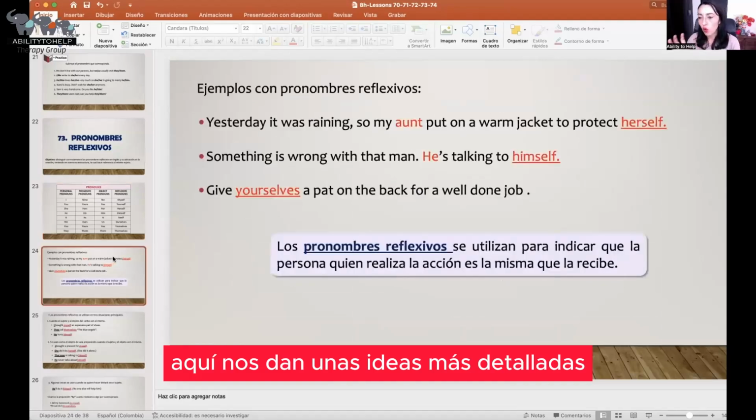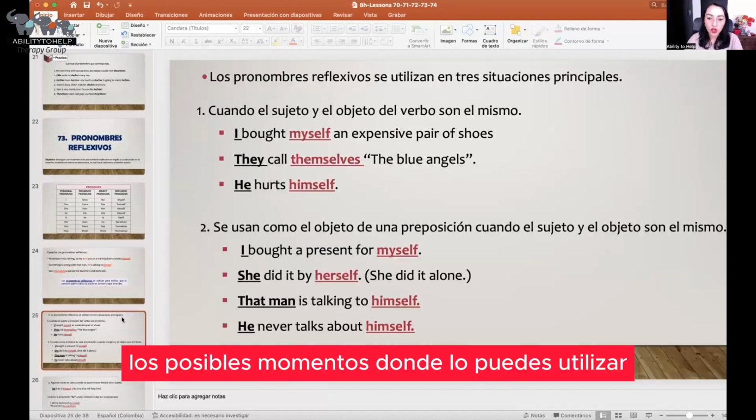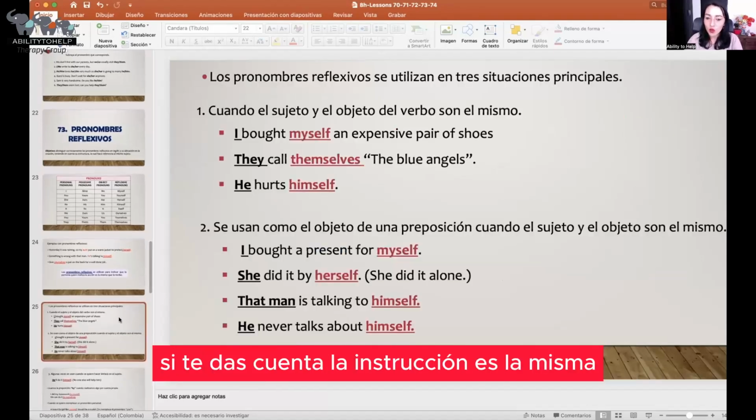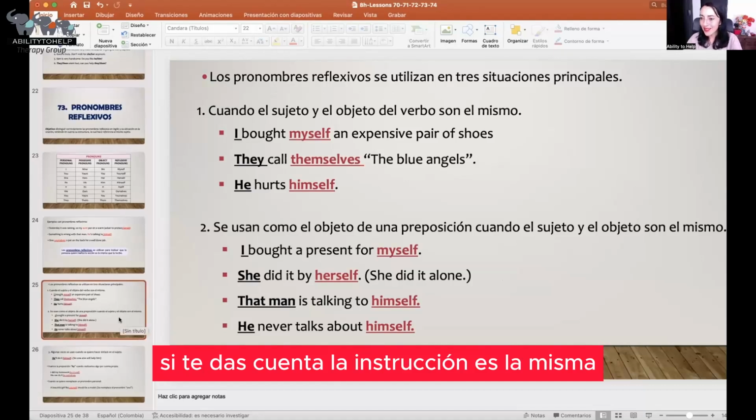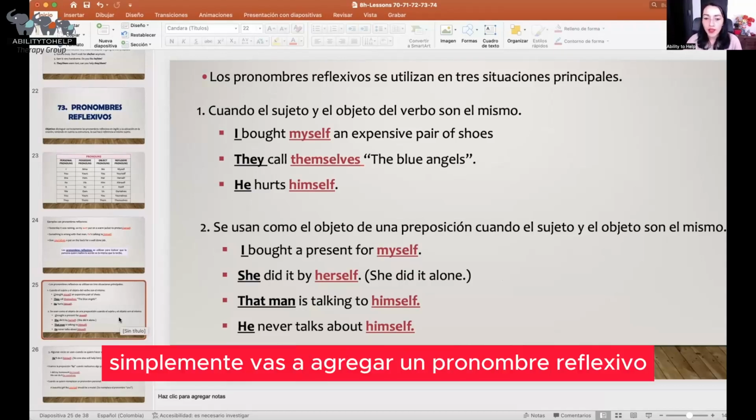Aquí nos dan unas ideas más detalladas hablando sobre los posibles momentos donde lo puedes utilizar. Si te das cuenta, la instrucción es la misma. Si el sujeto y el objeto dentro de la oración son los mismos, simplemente vas a agregar un pronombre reflexivo.